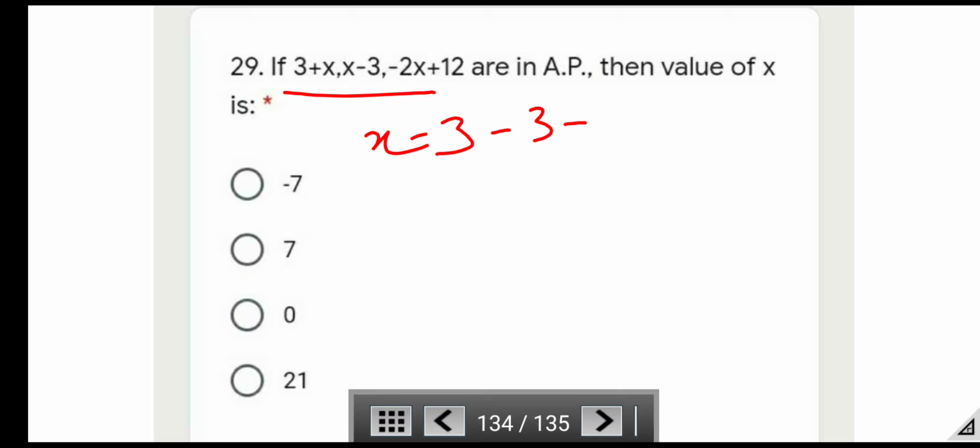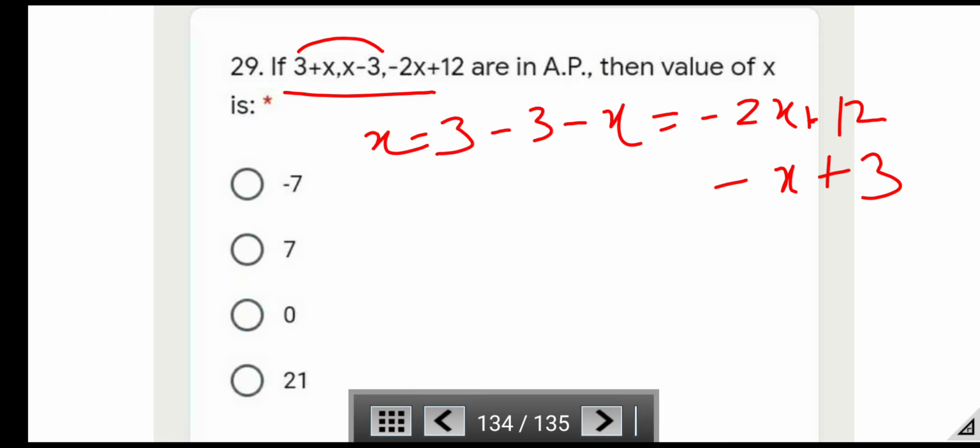Minus 3 minus x, that is the difference of the first 2 terms, is equal to the difference of the last 2 terms, that is minus 2x plus 12 minus x plus 3. Now solve this, we get minus 3x is equal to minus 21, that is x is equal to 7. So this option is the right option.